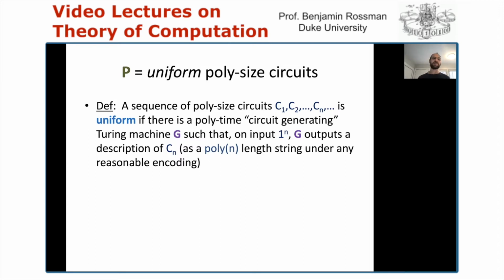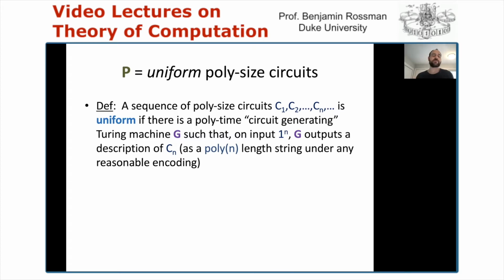We say that a sequence of polynomial size circuits is uniform if there exists a polynomial time Turing machine G, a circuit generating Turing machine, such that on input 1 to the n, a string of ones of length n, G outputs a description of the nth circuit. Okay, so description as some poly length string under any reasonable encoding. So this is the notion of uniform.